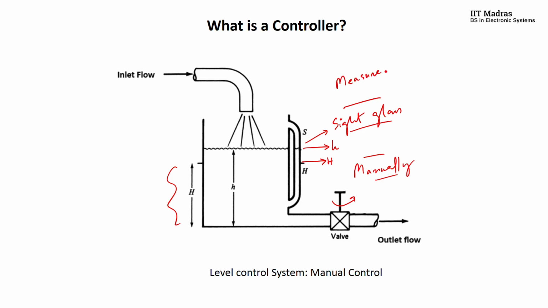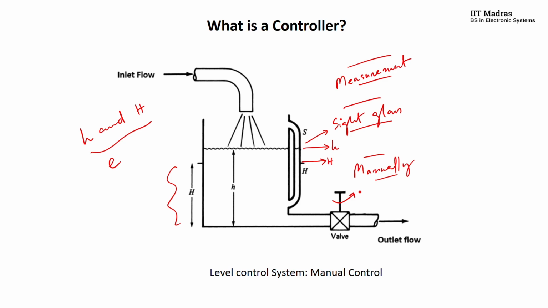Alright, in case we want to make this control loop automatic, we should be able to see the deviation between the actual height h and the desired height H, and based on this deviation we calculate an error e, and then based on that we can rotate this outlet valve appropriately in a certain direction to keep the level close to capital H.